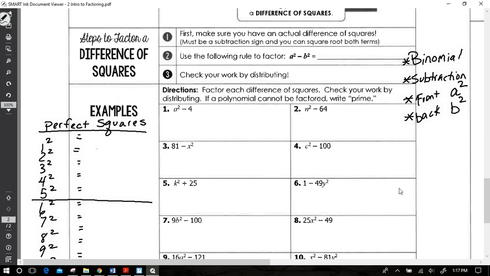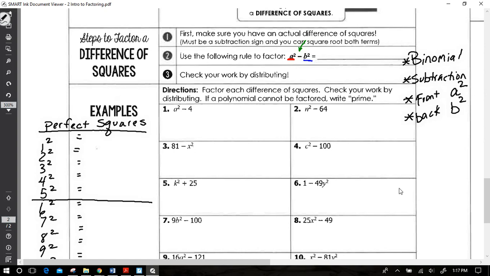So here is how it will end up looking. I'm looking at this example here. I have a squared in the front. I have a b squared in the back. I definitely see that this is subtraction, so it meets all the criteria, and it's only got those two terms, okay?